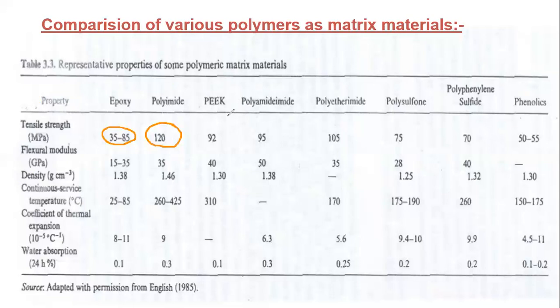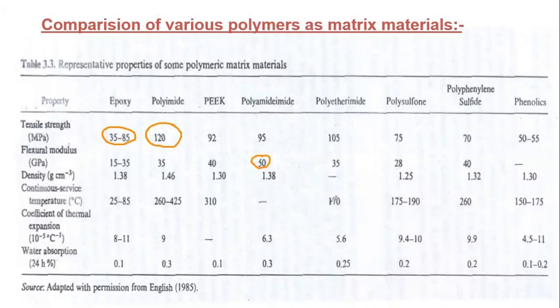Next one is the flexural modulus. Flexural modulus is indicated in gigapascals. The highest flexural modulus is polyamide-imide, that is 50 gigapascals.